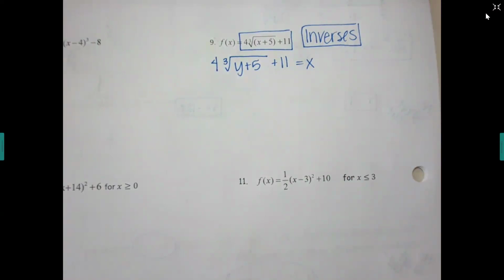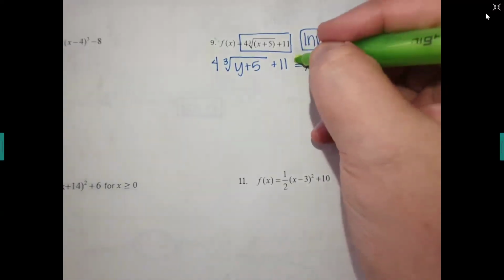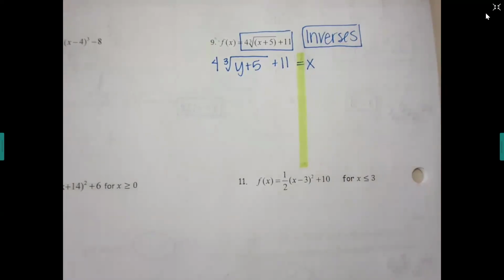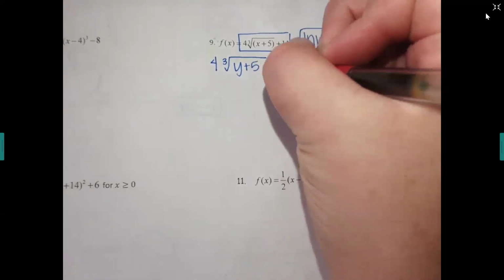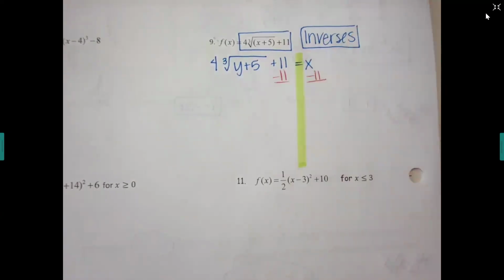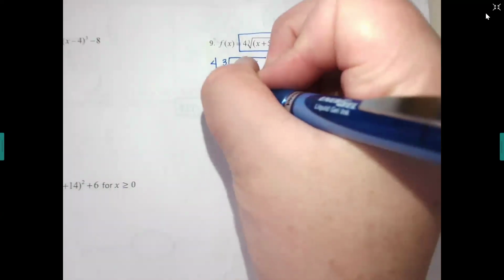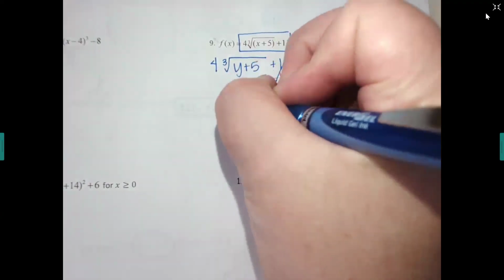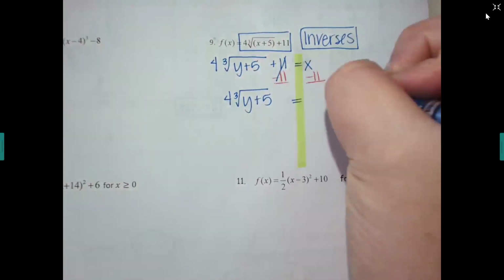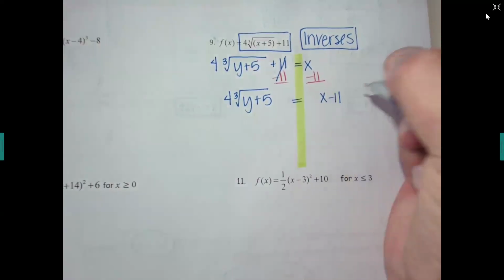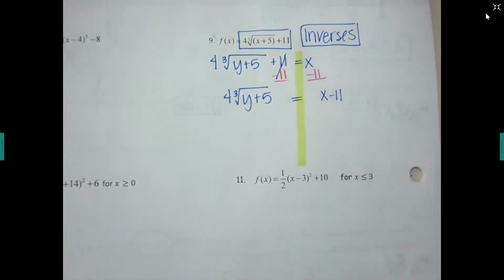All right, so first question, drop your railroad tracks. What number are we getting rid of first? The 11, with the minus 11. Very good. So the 11's crossed out. I have 4 cubic root y plus 5 equals x minus 11. Next step, I have a times 4.